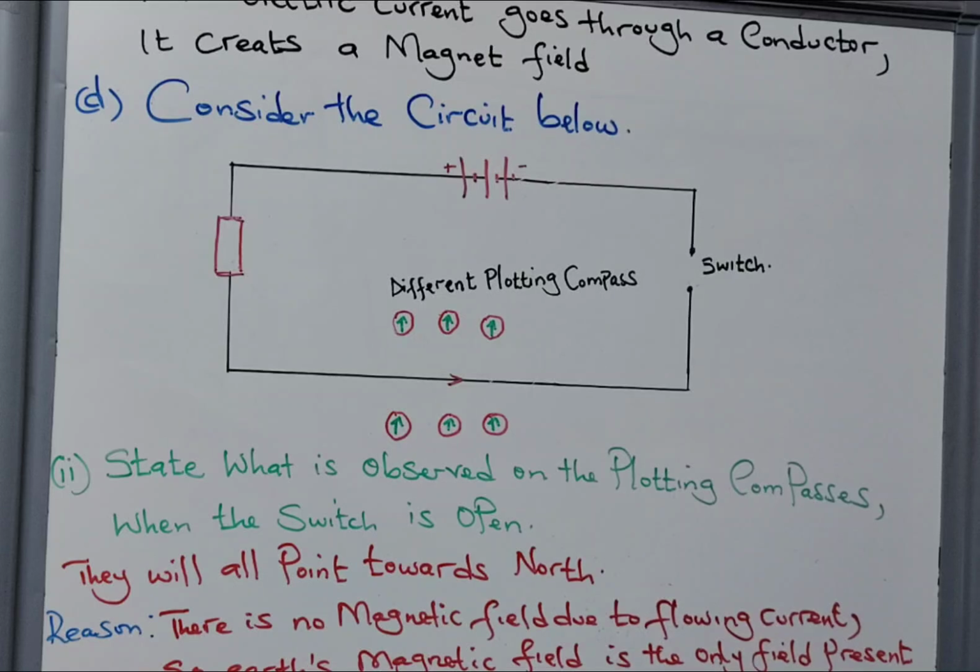There is no magnetic field due to flowing current, so Earth's magnetic field is the only field present.